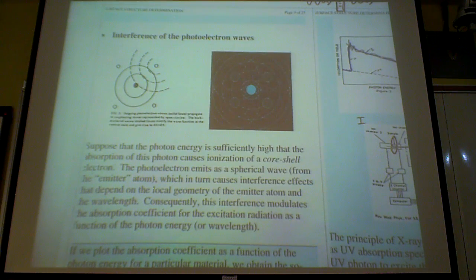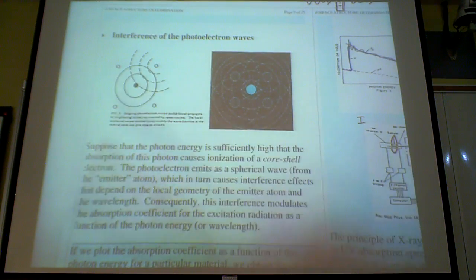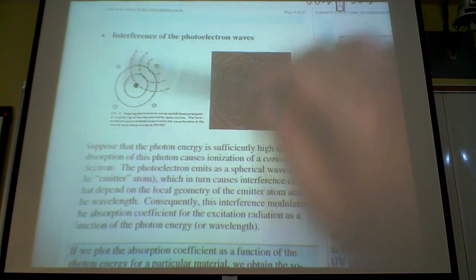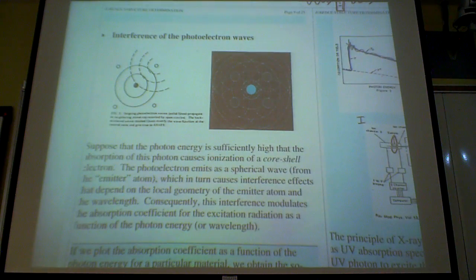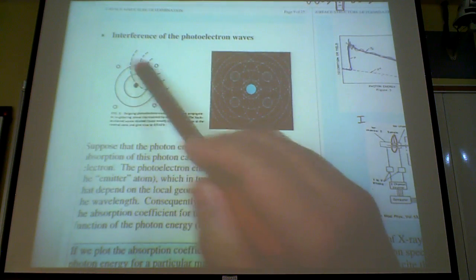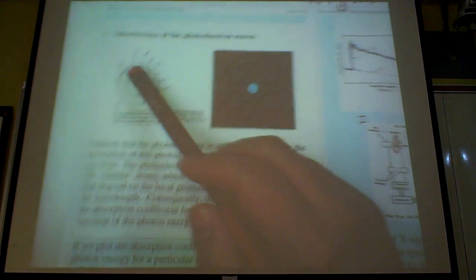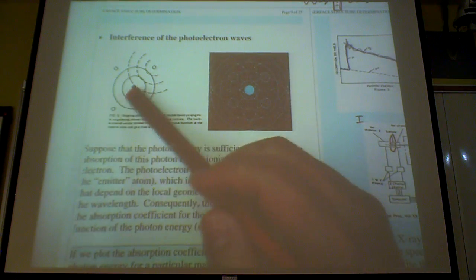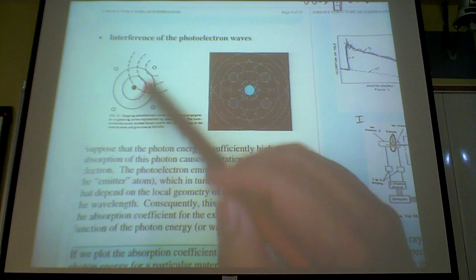The photoelectron comes out as a spherical wave. I'm just drawing a cut in a 3D format. Think of this as a little sphere emanating from the center. So this spherical wave comes out from the absorber, which I call the absorber. The spherical wave then bounces off the neighbor atom.